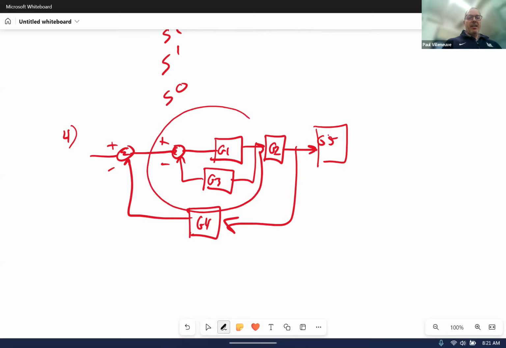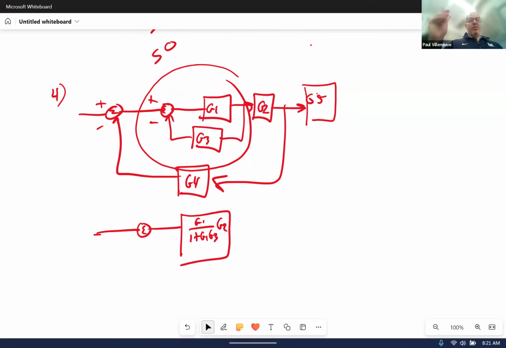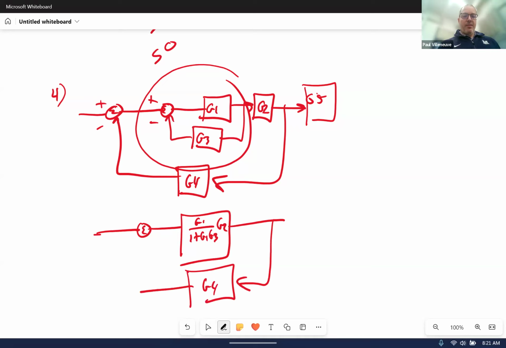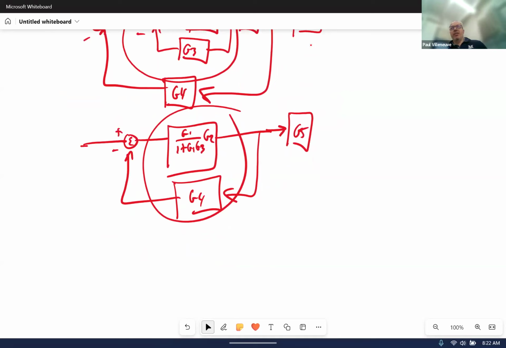So here is negative feedback in cascade with that. So I'll rewrite that. This becomes G1 over 1 plus G1, G3, all times G2. Here's G4. And G5. Now I need to put these two, which are feedback blocks. So let's do the math a little bit.